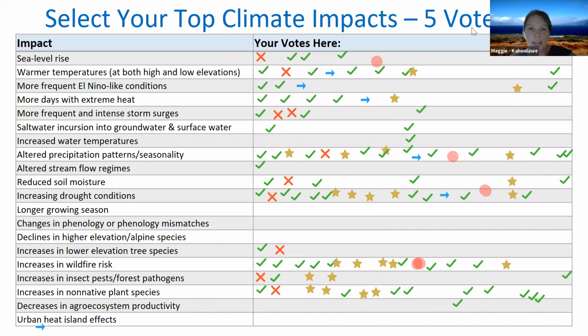I'm willing to share. This is Maggie from the Koʻolau team for our project. One of the ones that two of our teammates on the call today chose in common, without talking to each other beforehand, was altered precipitation patterns and seasonality, and then the storm surge events. For us on island, those two things are really crucial. Although Koʻolau has a dryland forest ecosystem, that's its traditional ecosystem, and has lived in the rain shadow of Haleakalā its whole life.